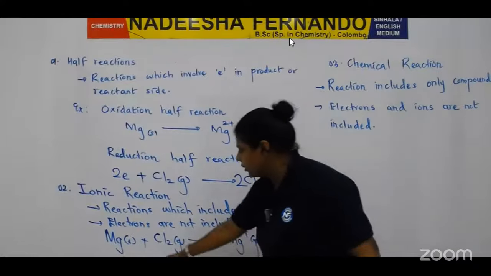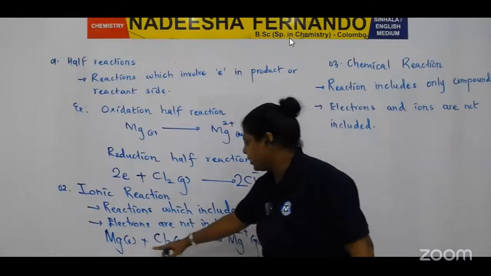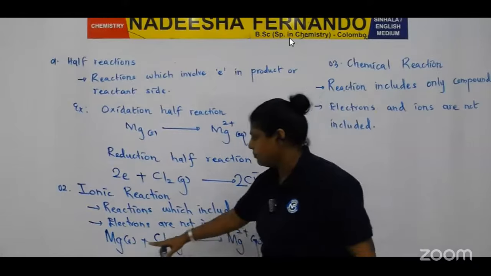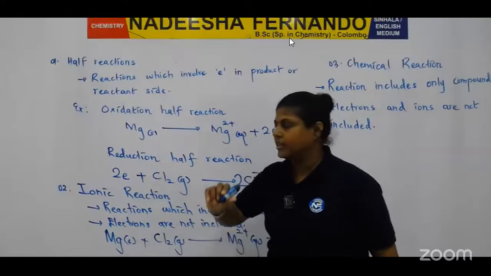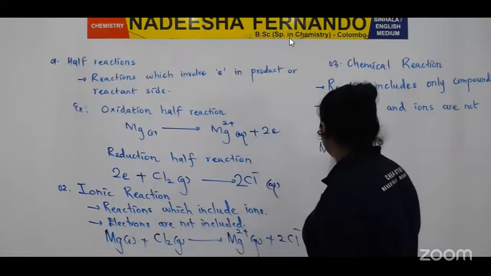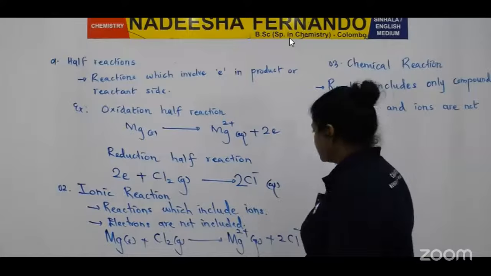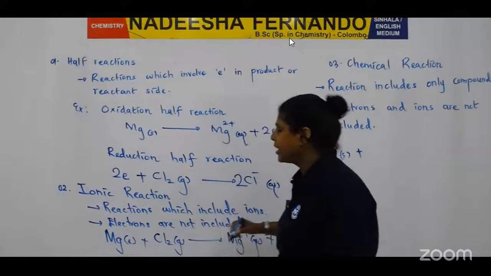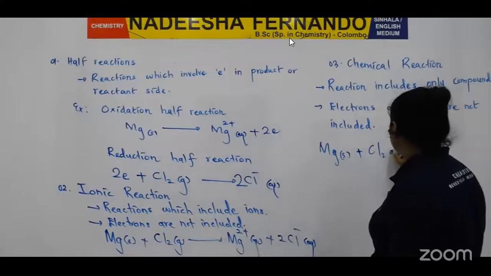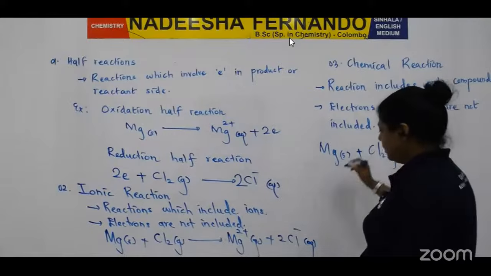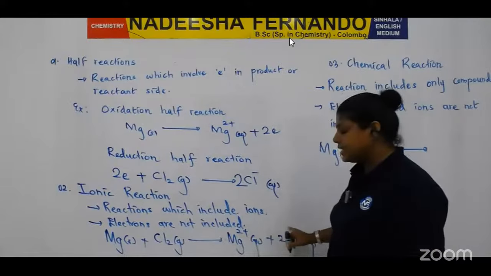So I'm going to convert this final reaction into an ionic reaction. Magnesium metal, so we can write Mg because it's not an ion. Cl2 is a molecule, so I can write Cl2. Product side, Mg2 plus and Cl minus.